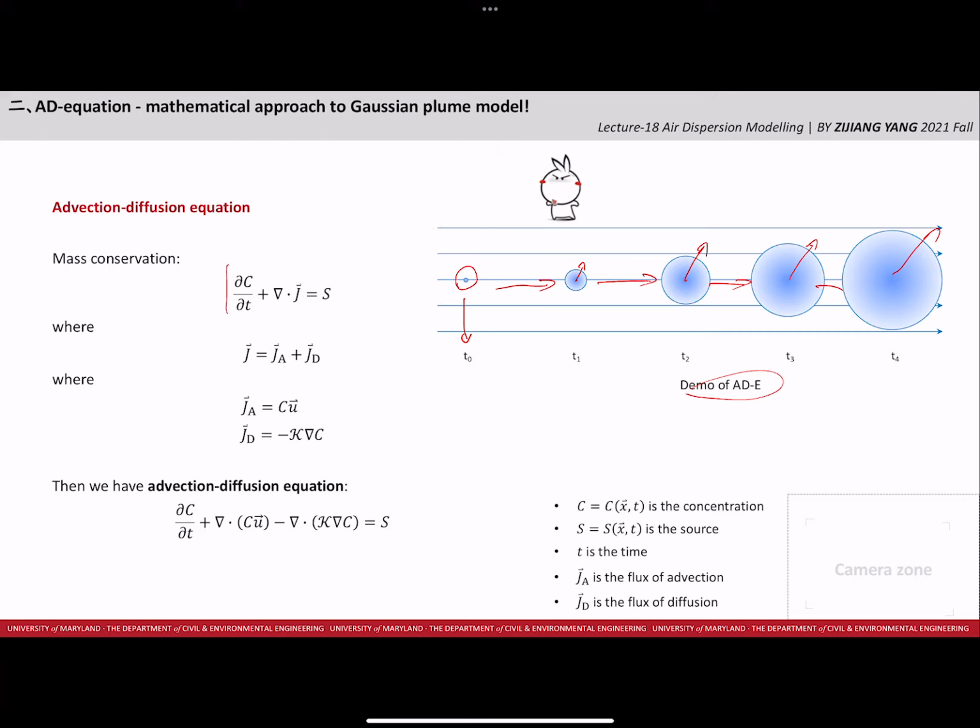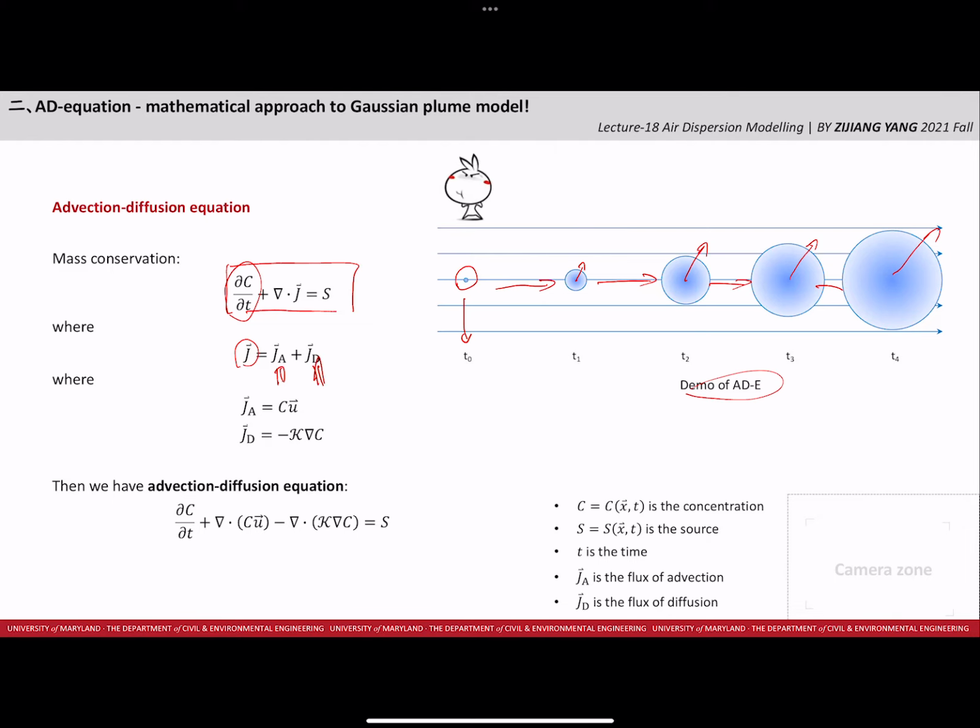Basically, we can have the mass conservation equation. This shows the concentration change over time. This term shows the net flux, and this term shows the source strength. And the flux can be expressed as the contribution from advection plus the contribution from diffusion.